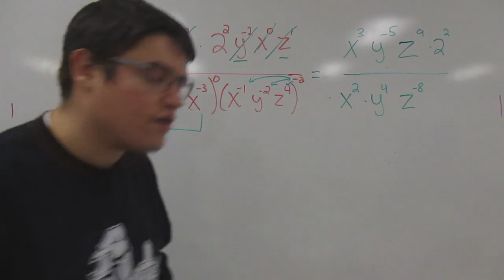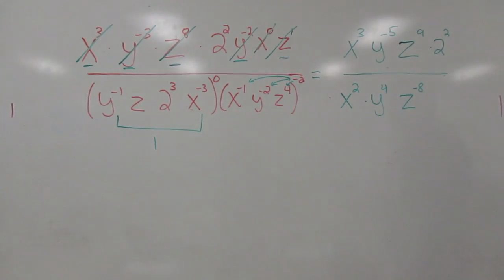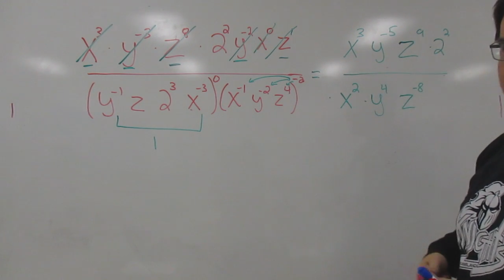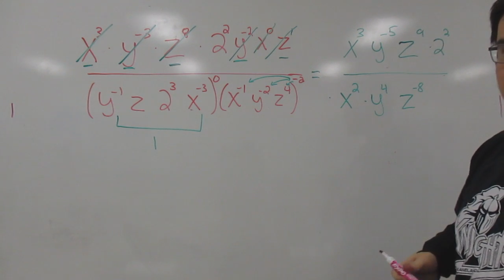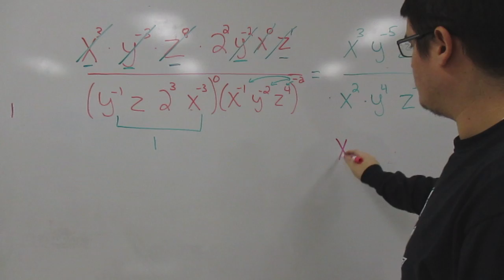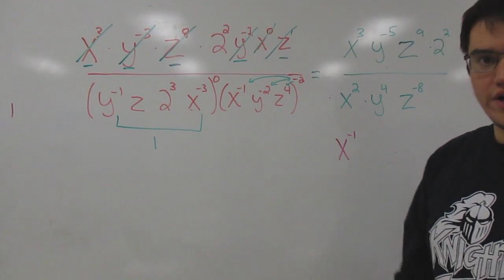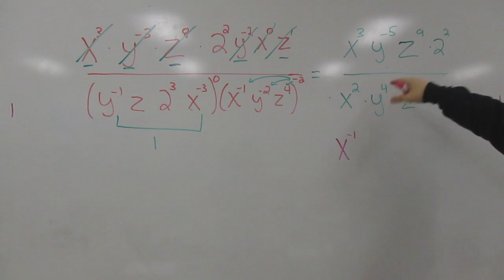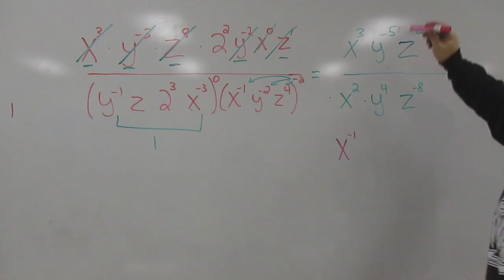Now from there, we can combine like terms again here. But now we're working on division. So x cubed divided by x squared. Same base, subtract the exponents. 3 minus 2 is just 1. Remember, we keep everything in the numerator, and then we'll worry about it later. Y to the negative 5, y to the 4th, subtract them.